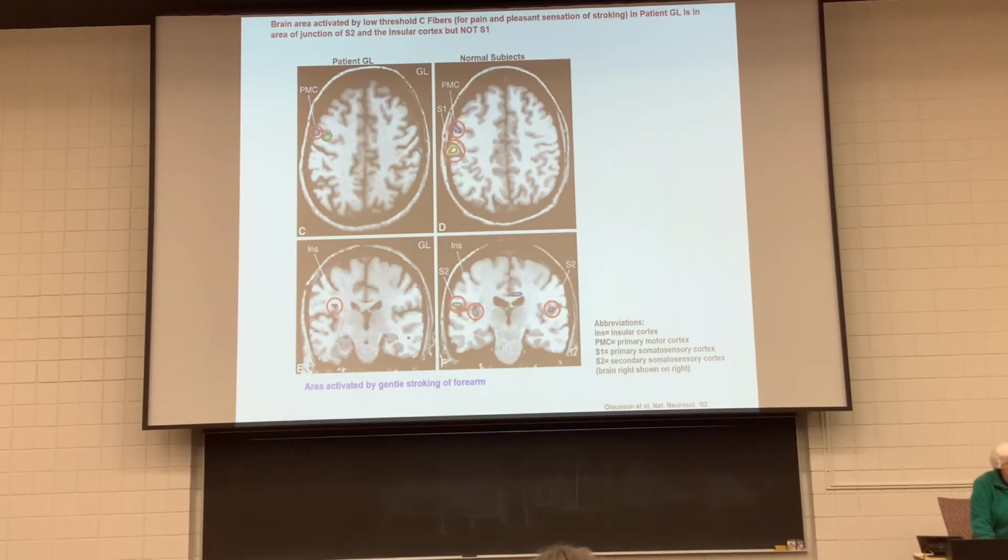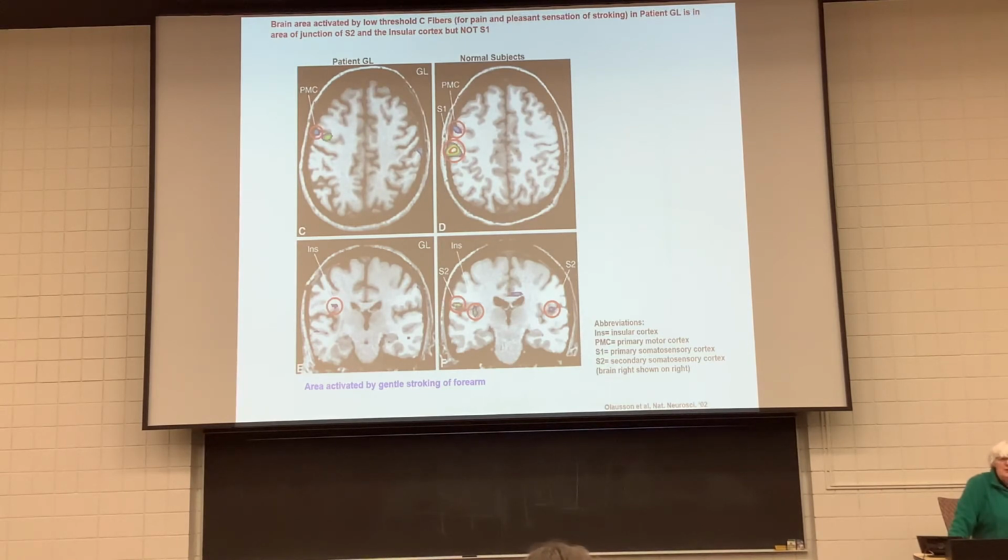And even in the control subjects, here's S2, here's the area closer to the insula, and what we see is that these C fibers tend to terminate in the secondary sensory cortex, and maybe a few of them in the insula.